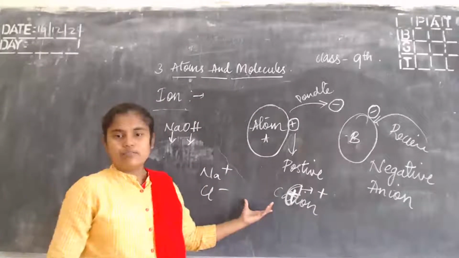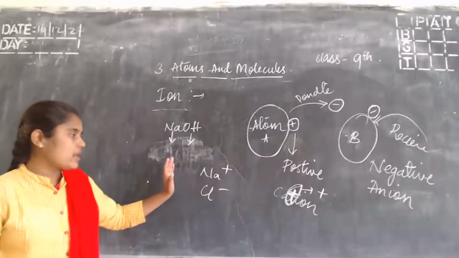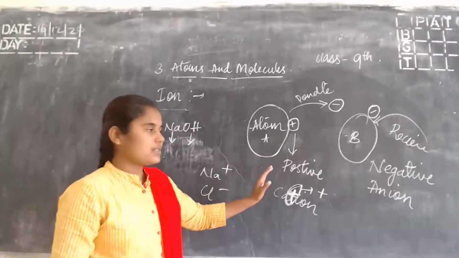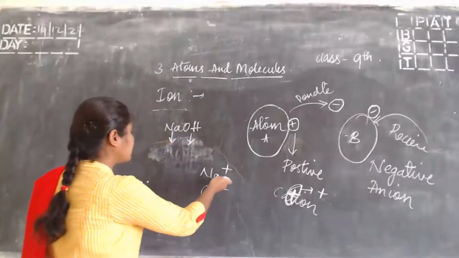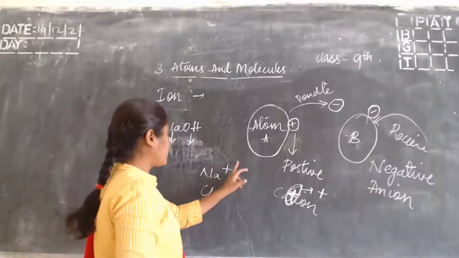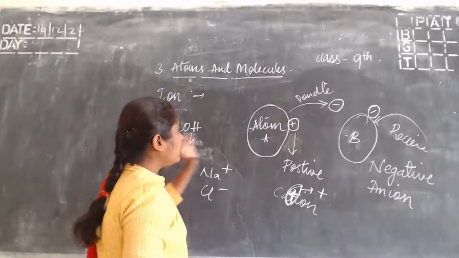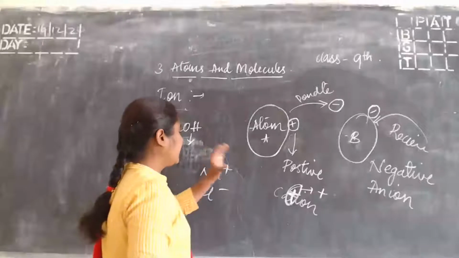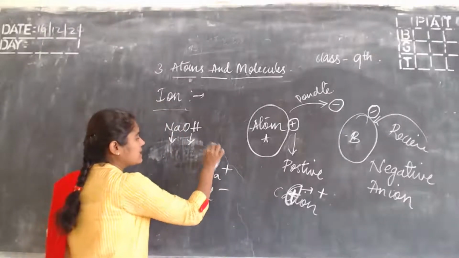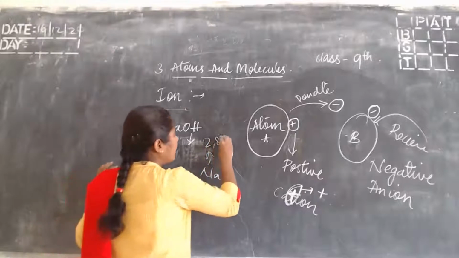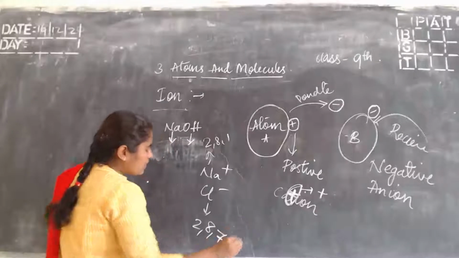If you have understood, please try to follow this so that there won't be any confusion. Like, if it is positive, you can say that it donates. We have even seen how this formation happens. Sodium has an electronic configuration of 2, 8 and 1. Then chlorine has an electronic configuration of 2, 8 and 7.